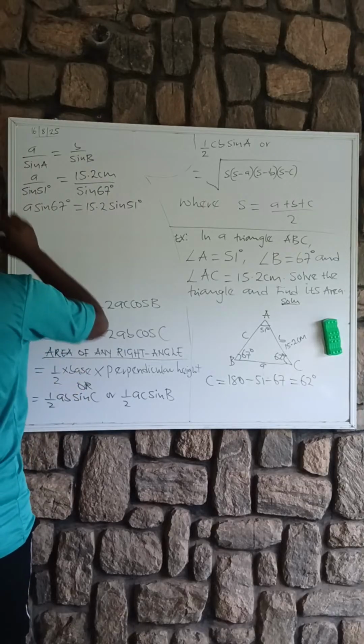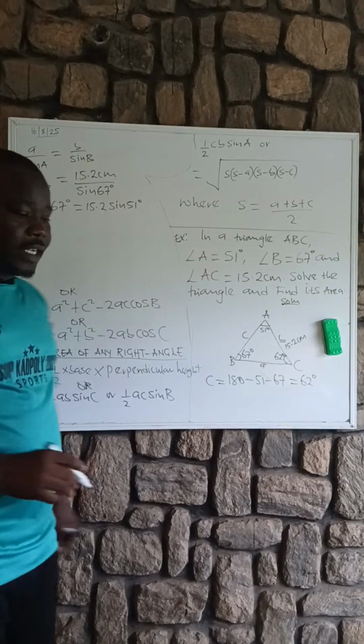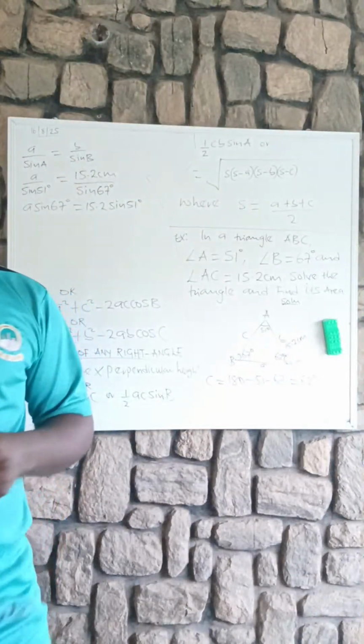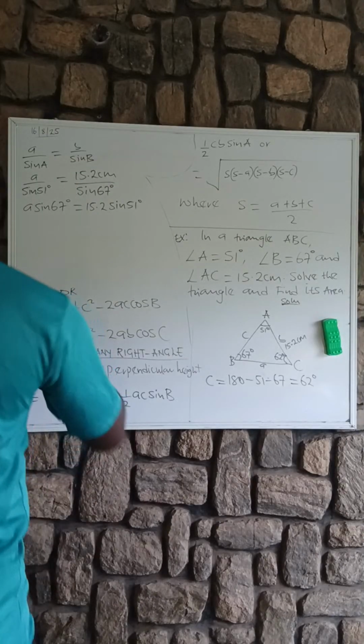What is sine 67 degrees? Sine 67 degrees will give you 0.9205.